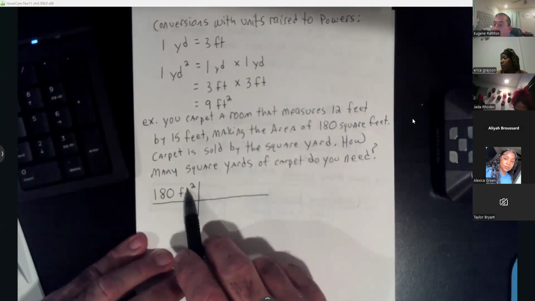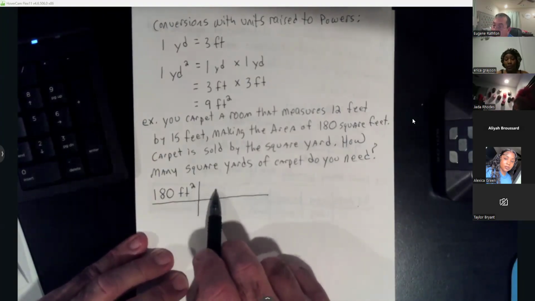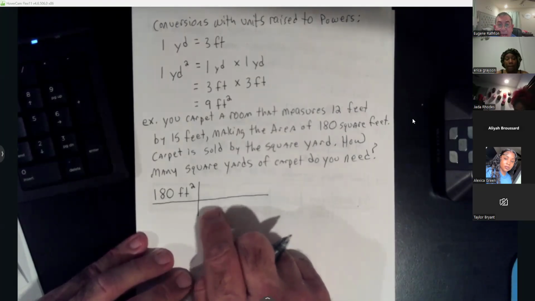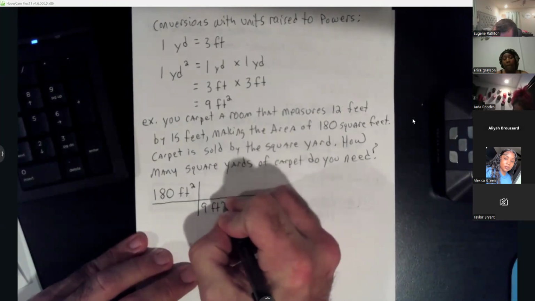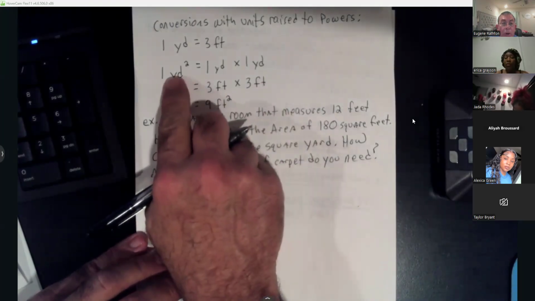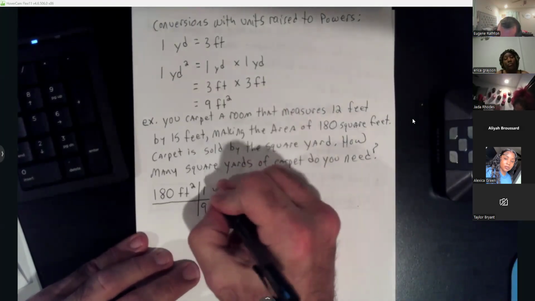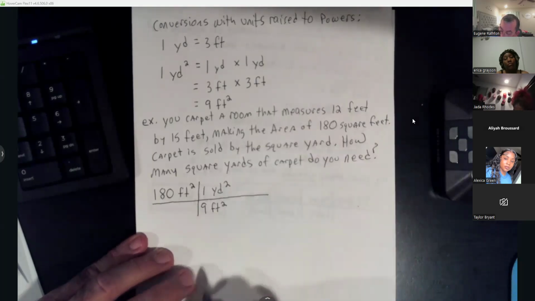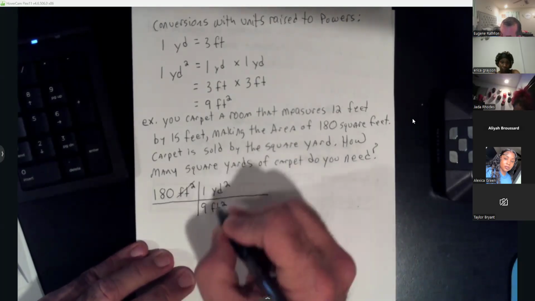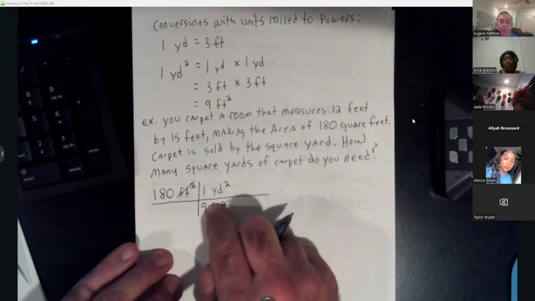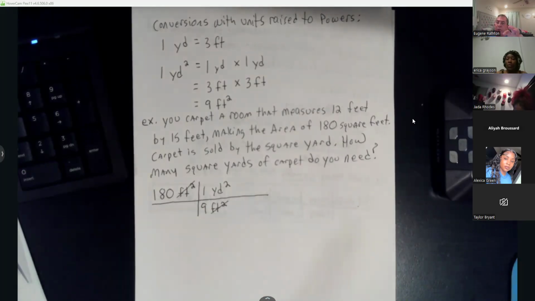So since I'm wanting to cancel the feet out and end up in yards, I need to put the 9 feet squared on the bottom and the yard squared on the top. And y'all, that ends up in yard squareds like I need. Notice the feet squared canceled out. So you always want to make sure that you put the unit you want to cancel either on bottom or top, whatever it takes to cancel it, okay?